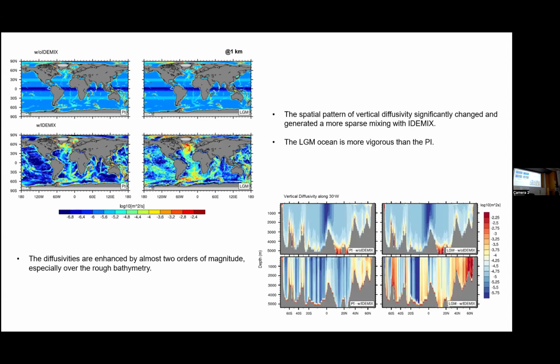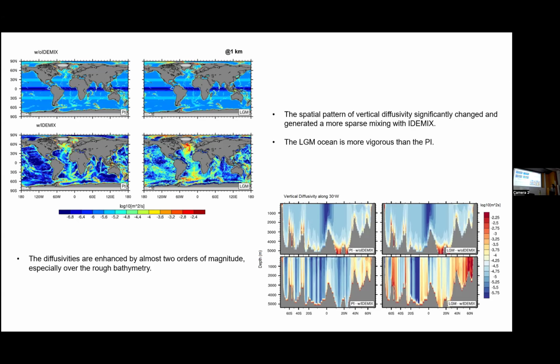So if you look at the transects, we can always take many transects from this global map, but I'm just showing one transect along 30° west, because I think that describes the situation best. So it is somewhere here.